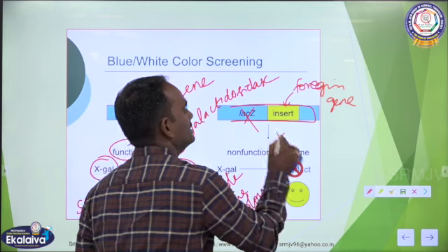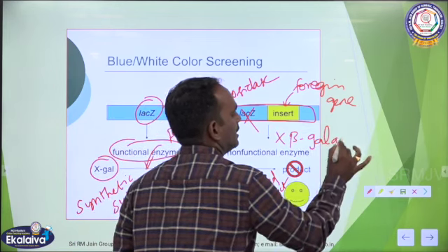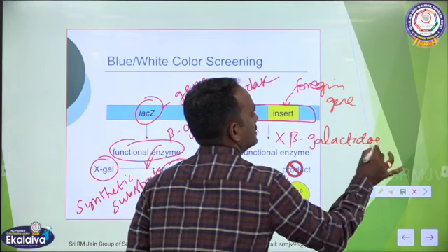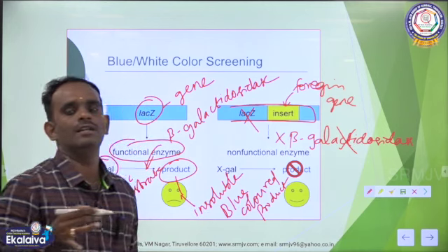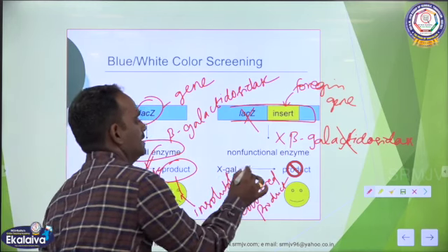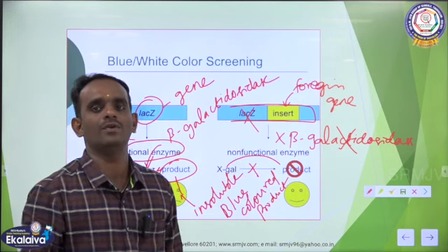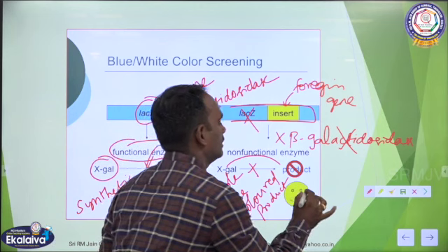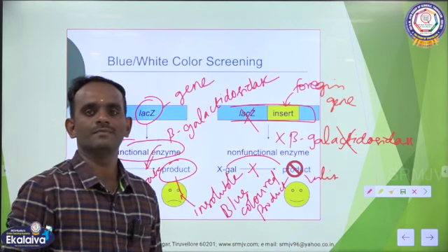So there is no enzyme and no conversion of X-gal into the product. Now it looks like a white colony, right, children?